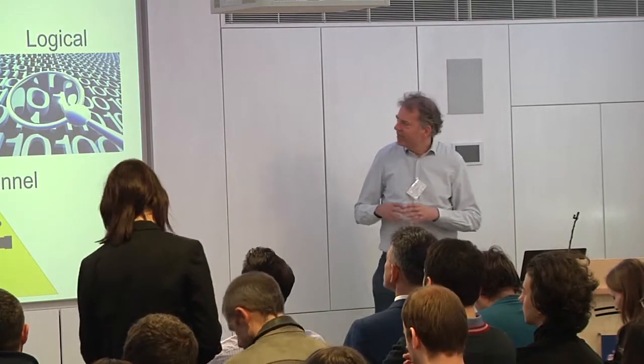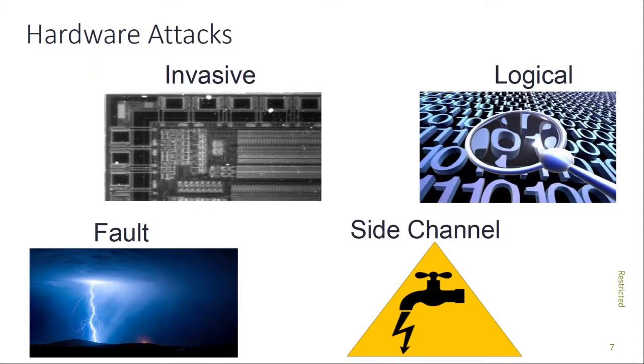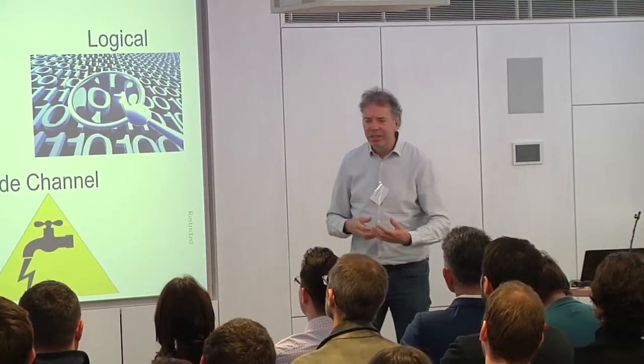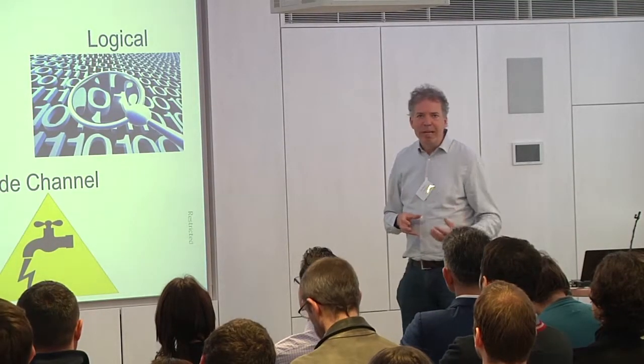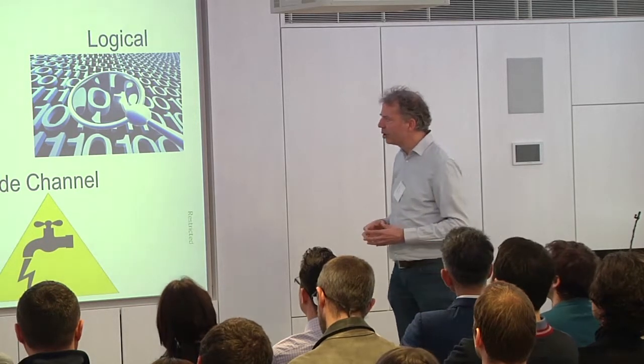So when we look at the different sorts of hardware attacks around, we classify them in 4 categories. There's invasive attacks. This is where we open up a chip, we put it under a microscope and we start reverse engineering the chip. We may find out the contents of the memory. Sometimes it's visible under a microscope.